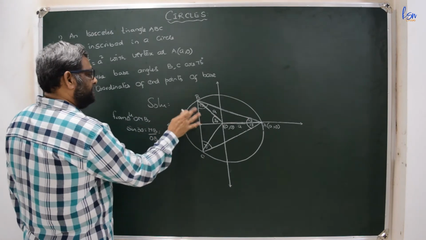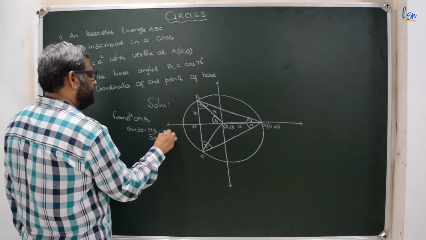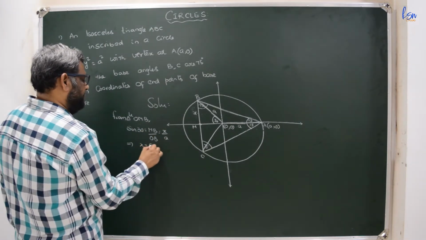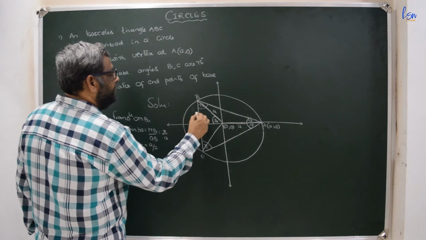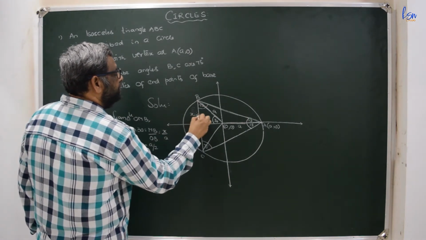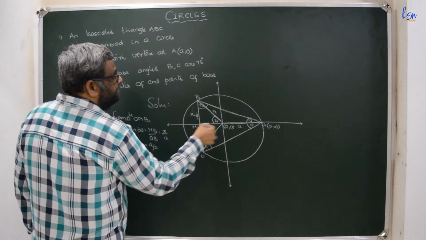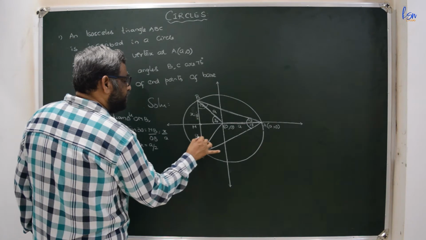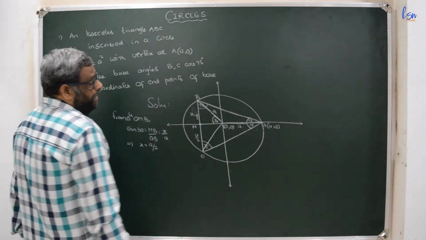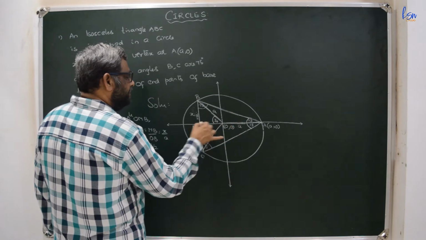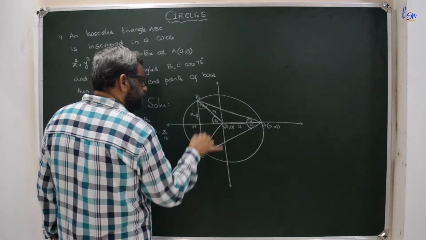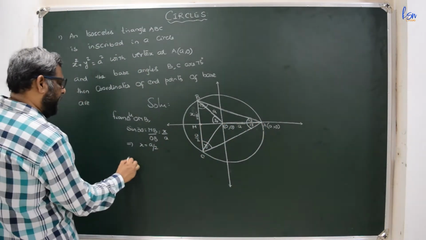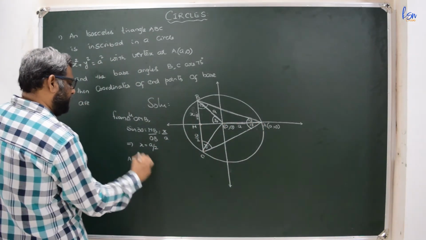So if you call this as X, this is X by A, and therefore sine 30 being half, X is equal to A by 2. Now this being the perpendicular bisector, this distance is also A by 2. And therefore this complete length is A. Therefore AM is the height.